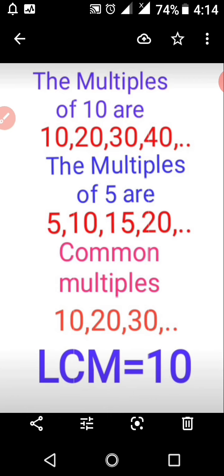The common multiples are 10, 20, 30, 40, 50 and so on. Among all these, which is the least one? The first one. So 10 is the least common multiple of 10 and 5. So LCM is equal to 10. This is about LCM.